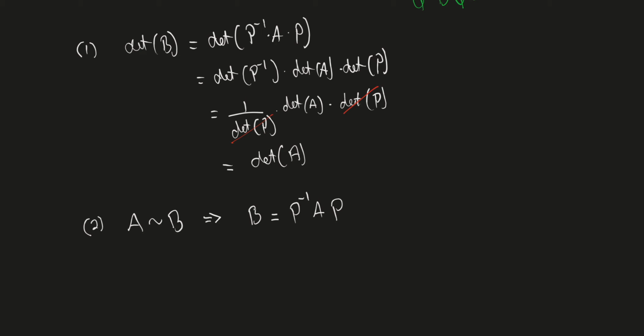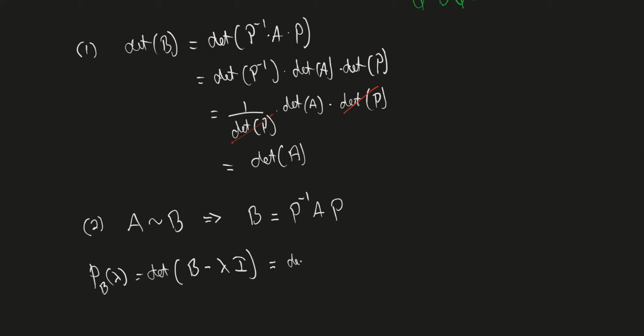So let's do a little bit of algebra here and look at the determinant of B minus lambda I, right? This is the characteristic polynomial for matrix B. Take the determinant of this B minus lambda I. Now let's start to modify what's in the parentheses, because somehow we want to convert this into the characteristic polynomial for matrix A. So I have something that I can replace B with, right?